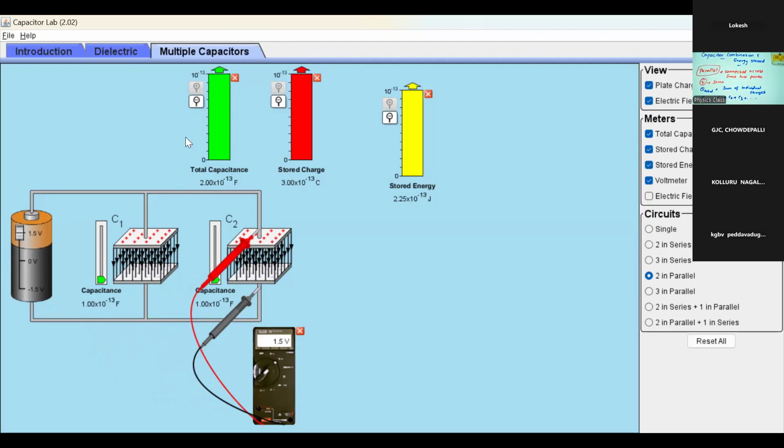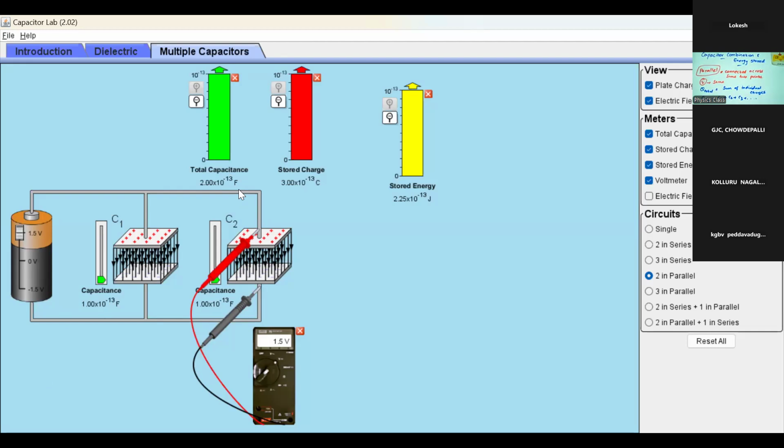Now, just look at that value. Total capacitance: we simply add the individual capacitances. So here 1 plus 1, 2 into 10 power minus 13 farad. So this is the total capacitance.